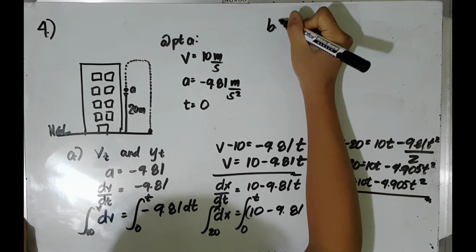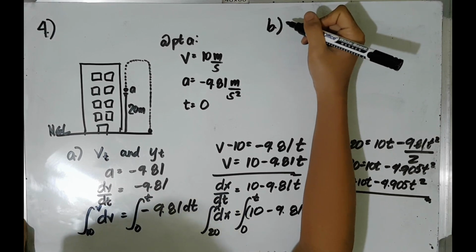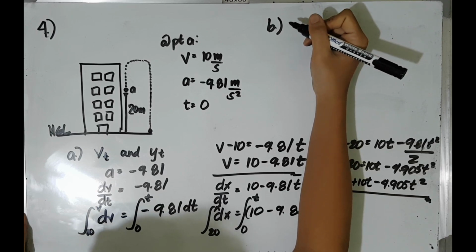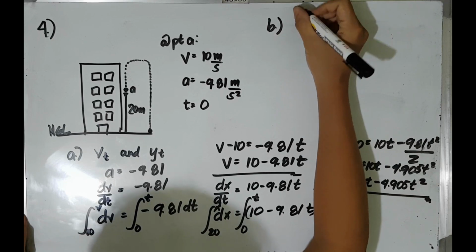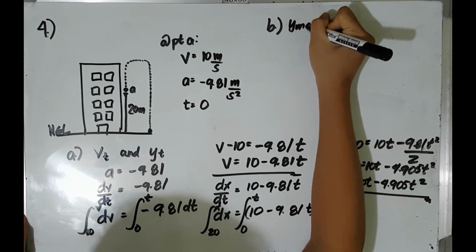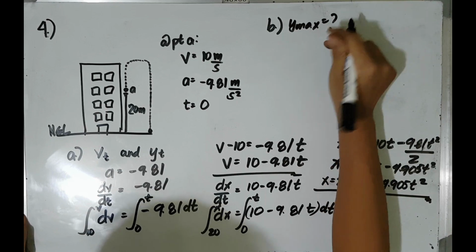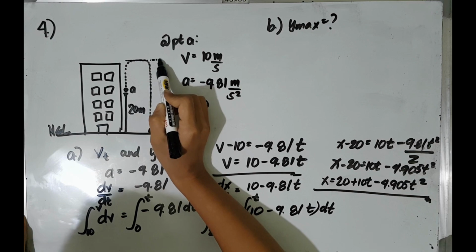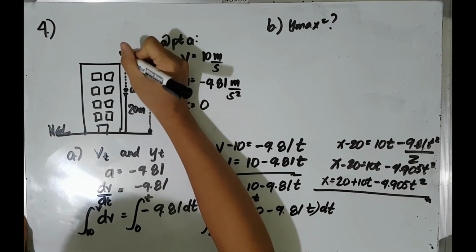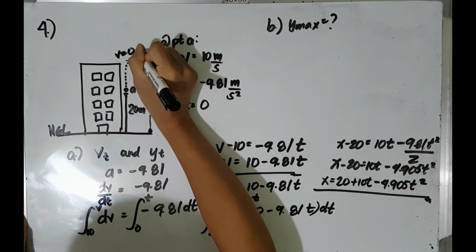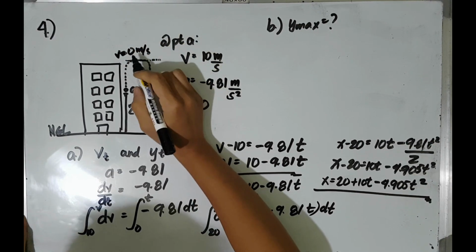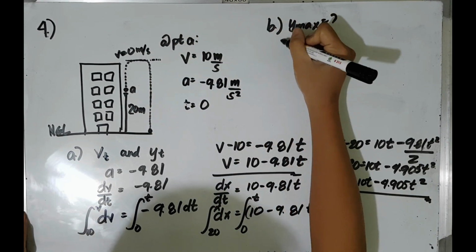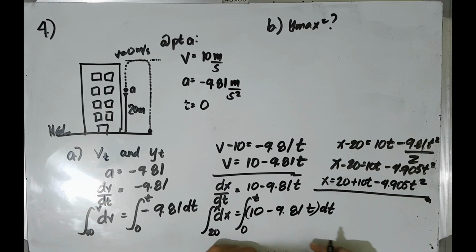So, for question letter B, the highest elevation reached by the ball and the corresponding value of t. So, y max. Kunin natin yung maximum y value. So, at this part, kung saan pabagsak na yung bola, it is where zero velocity is obtained. Therefore, yung equation natin for velocity would be equated with 0.